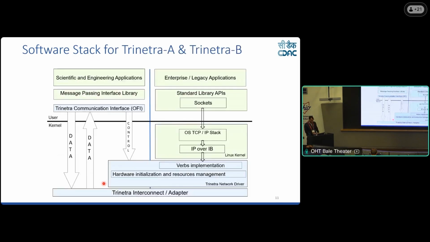So till now, I have covered the left-hand side part of the software stack. Now, the right-hand side path, which we are calling the slow path, is just for running legacy applications which use the socket interface, so that socket interface enabled applications also can be run over our network.